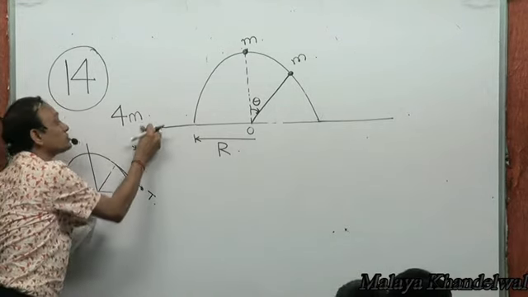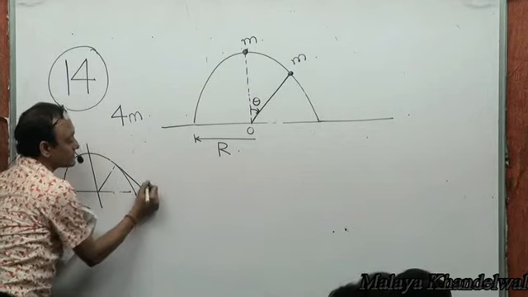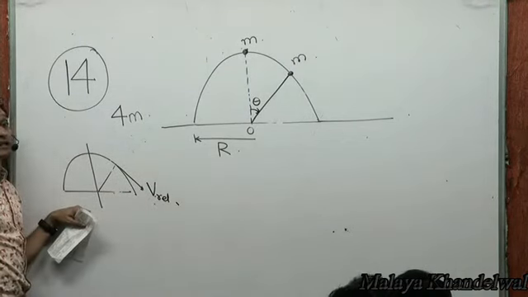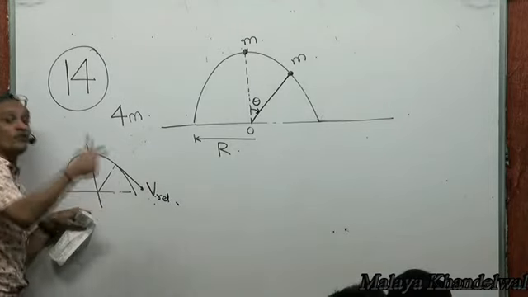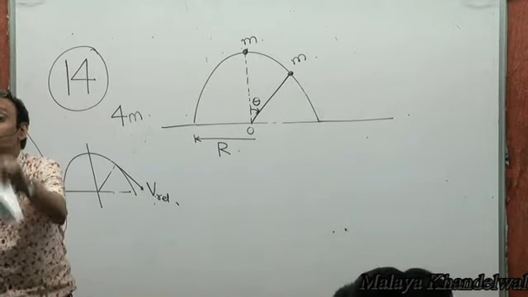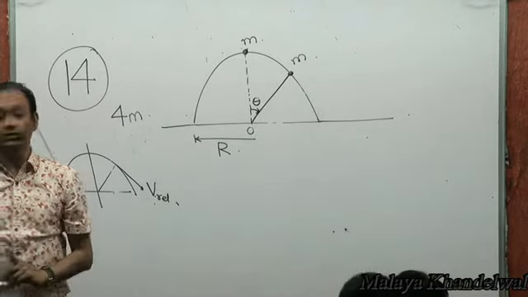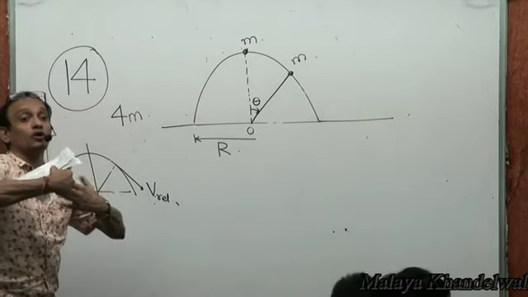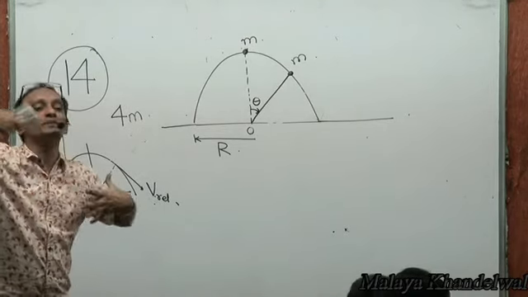That means the net velocity of the particle with respect to the hemisphere will be simply in this direction, vrel. The relative velocity of the particle with respect to the hemisphere will always be along the tangent to the hemisphere, so that the particle does not lose contact with the hemisphere. If any component of the relative velocity is in the normal direction, then that will cause the hemisphere to part with the particle.